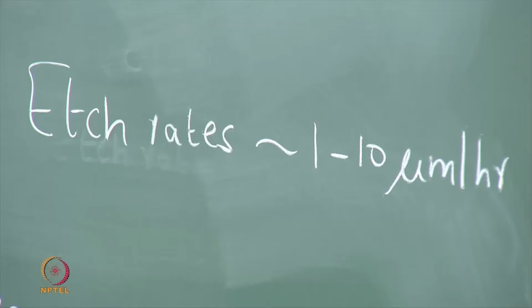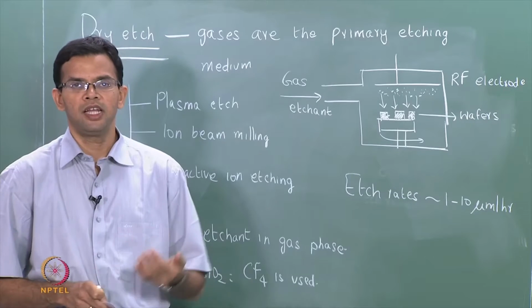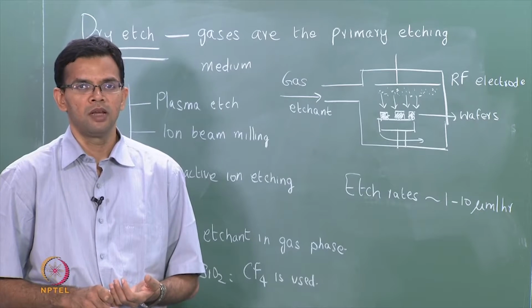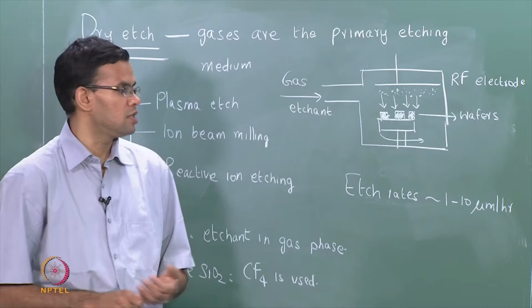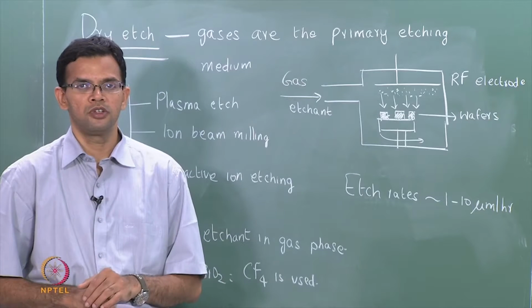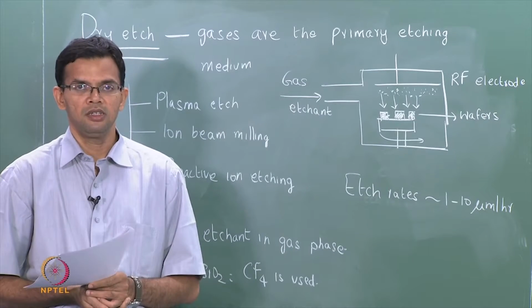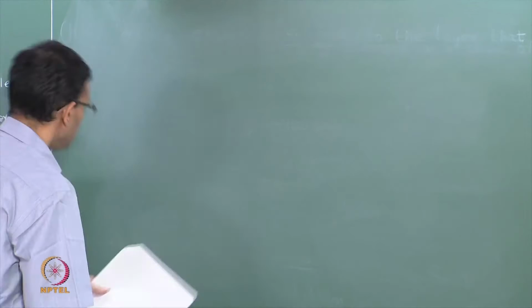So if you want to etch a really thick film, then wet etching would be the way to go, because dry etching can take a long time, but it is a highly selective process and can also be used for really small areas. The other kind of dry etching is ion beam etching.